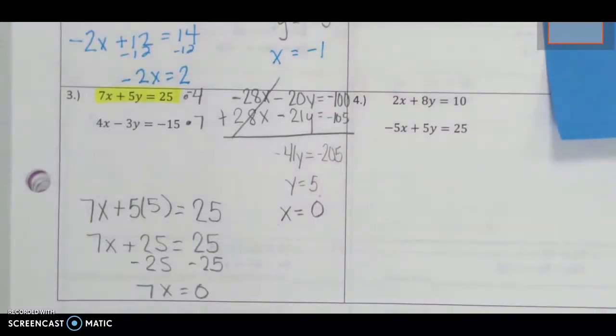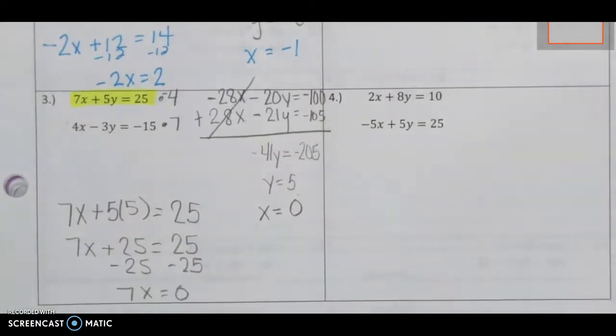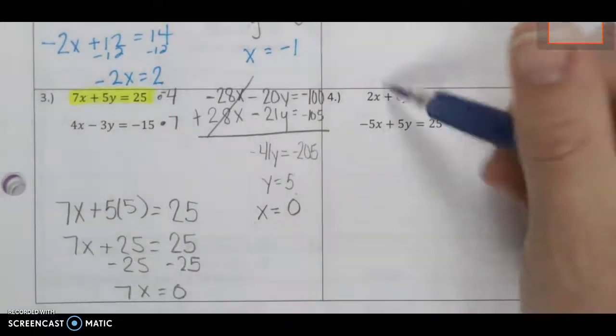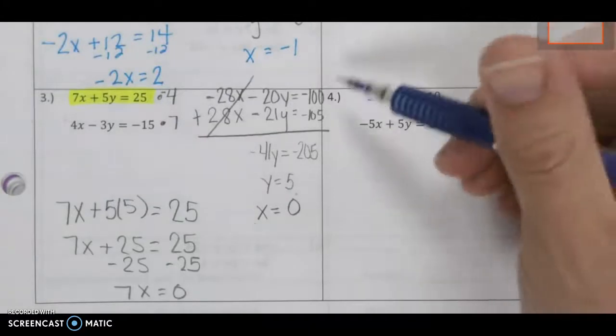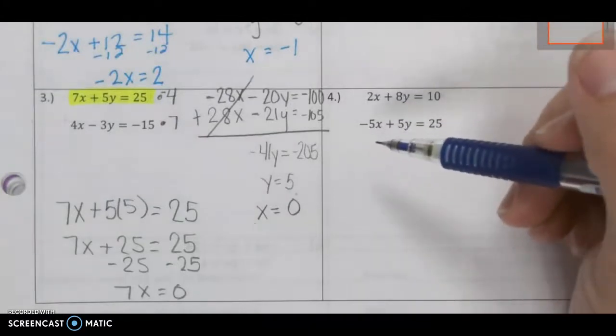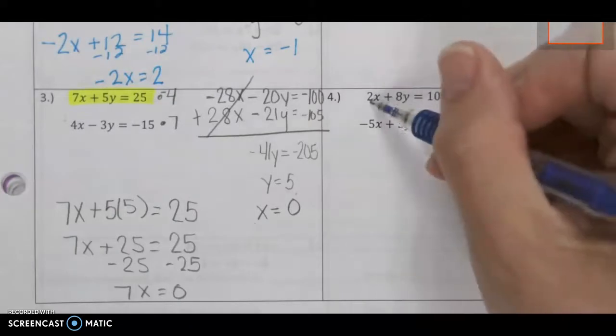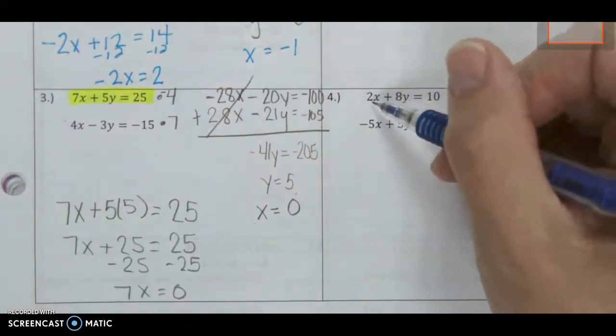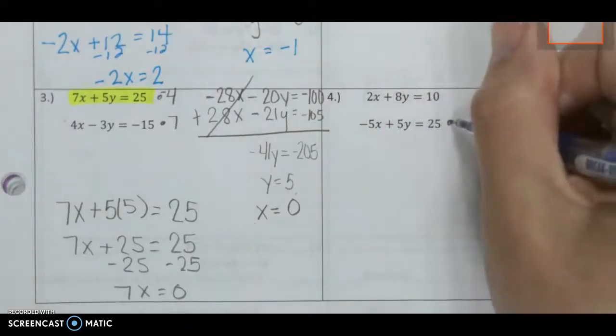Okay, let's just talk through one more time about how you would figure out what number you're multiplying by, and then I'll let you try this on your own. Since I've got number 4 on the screen here, we'll just look at this number 4. I'm always just going to look at my x value. It could be x's or y's, but if we always do it the same, it makes it a little bit easier on your brain. So this number 2 is what I will multiply the equation down here by.